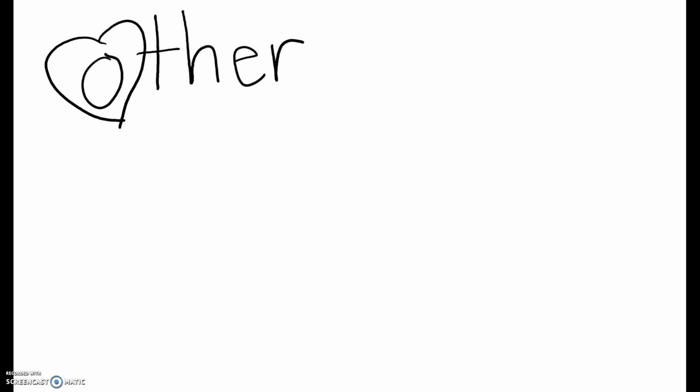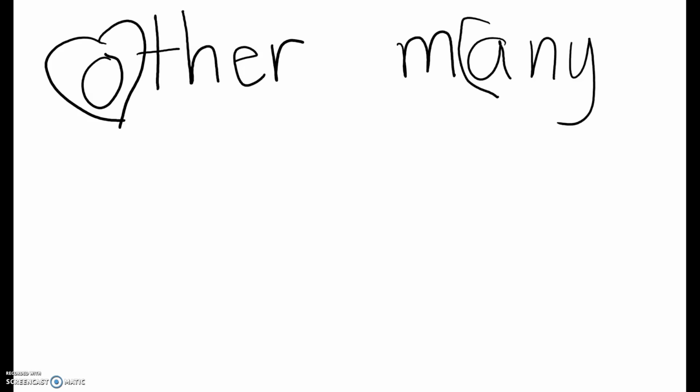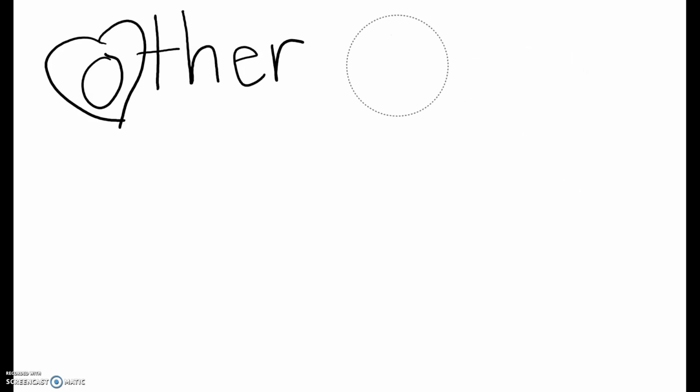Your next word is many. Many. Many is M-A-N-Y, and the A doesn't say A like it should, so there's a heart around it. My goodness, that doesn't look good. Let me fix it.